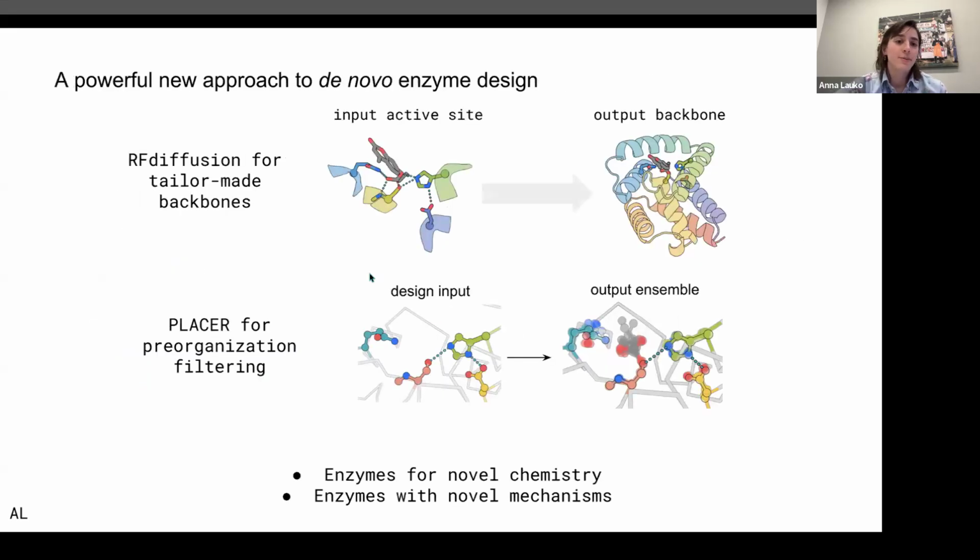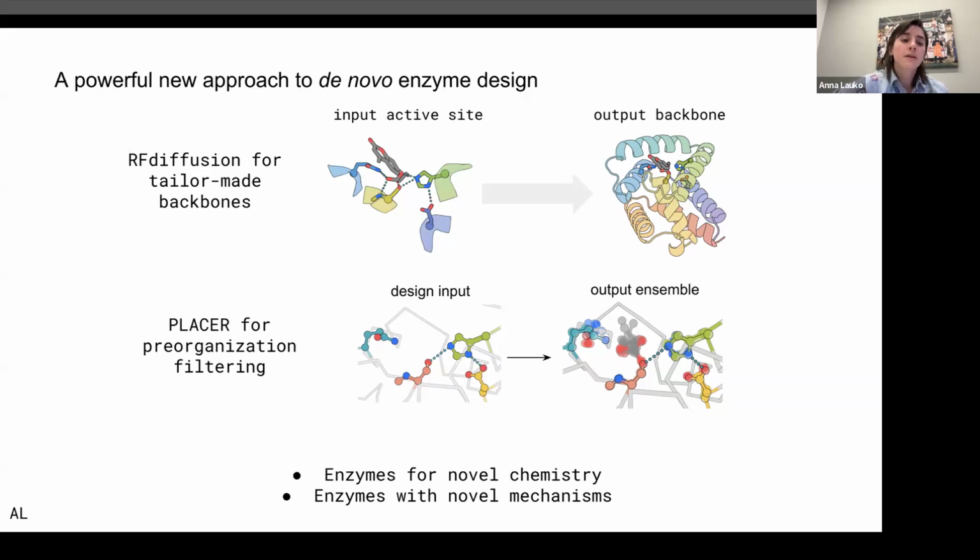But overall, we think this approach is a powerful new way to do enzyme design. So like Sam said, this is how we always wanted to do enzyme design, but we just didn't have the tools. So we can start with an active site and build a scaffold that is tailor-made for that active site using RF diffusion.